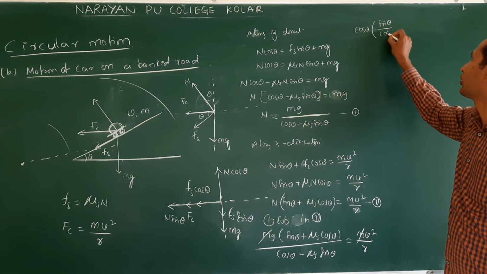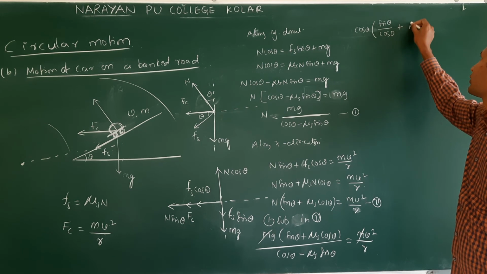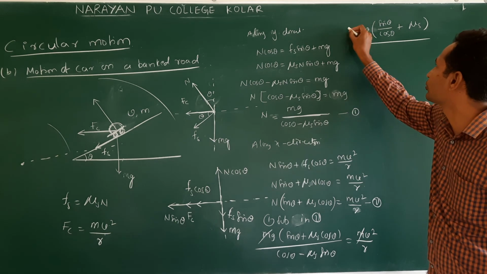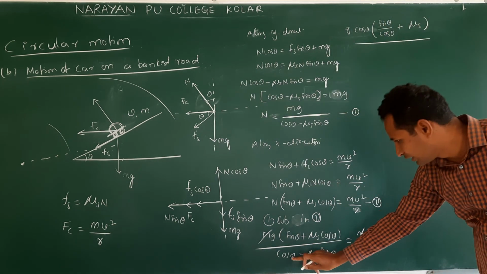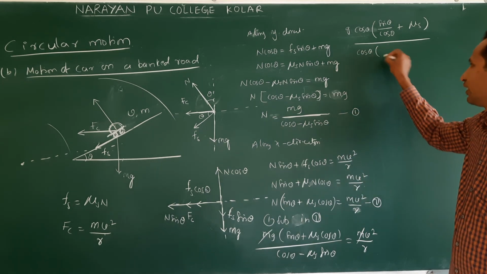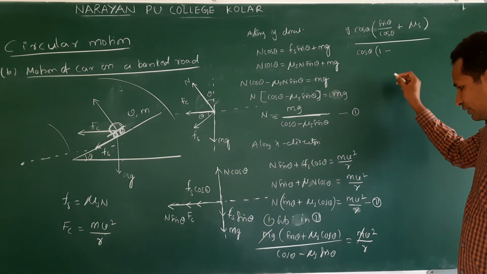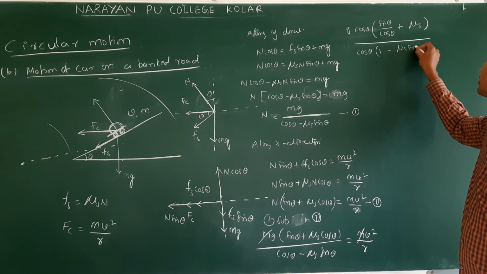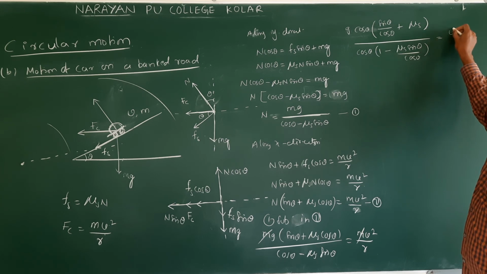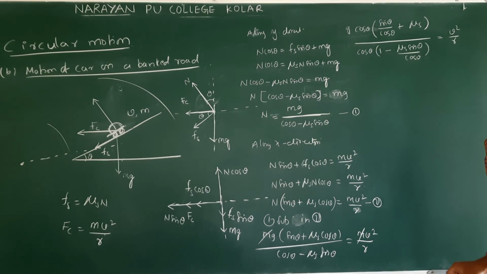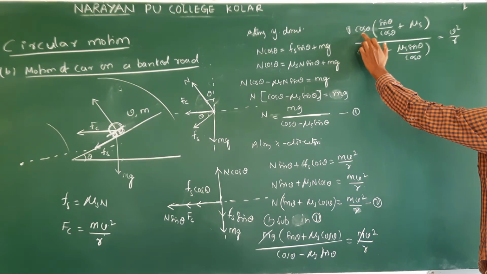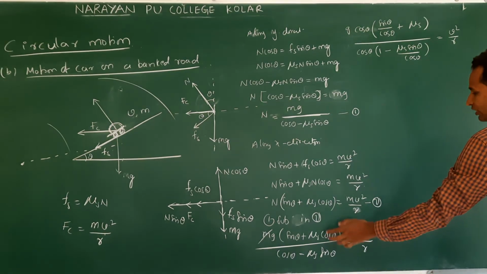Sin theta by cos theta plus mu s by, here g is there, so g into, in denominator also cos theta common, cos theta into 1 minus mu s sin theta by cos theta is equal to V square by R. Suppose you have a confusion here, multiply cos theta inside, again you will get this equation.